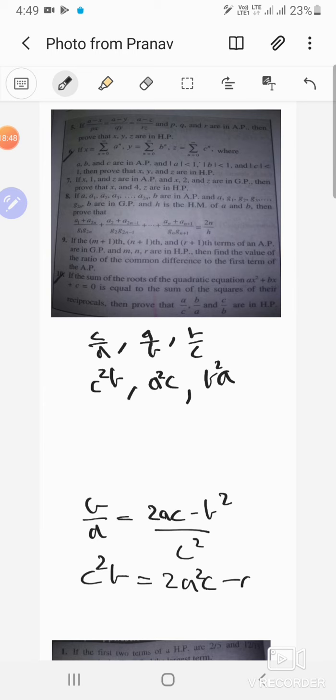That can be one of them, though I don't think that's going to happen. We have to find the value of the ratio of the common difference to the first term of the AP. Oh, come on, this is weird. I don't think this is going to happen.